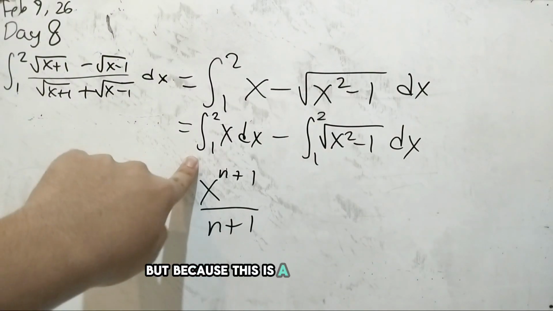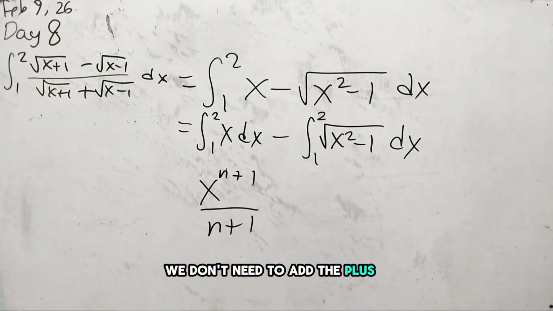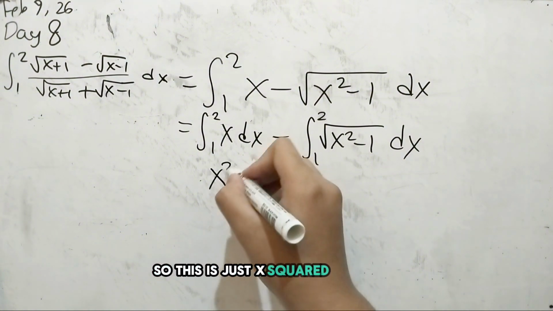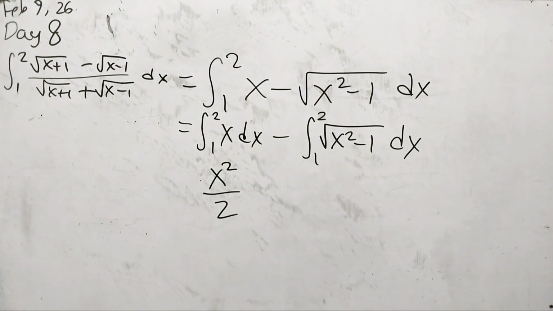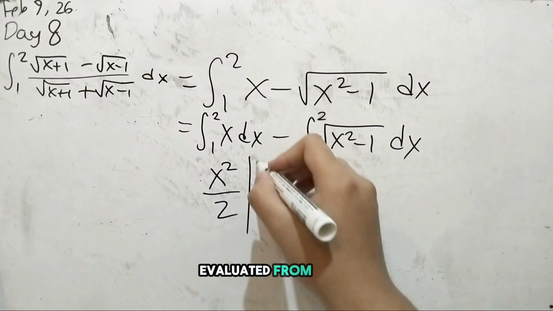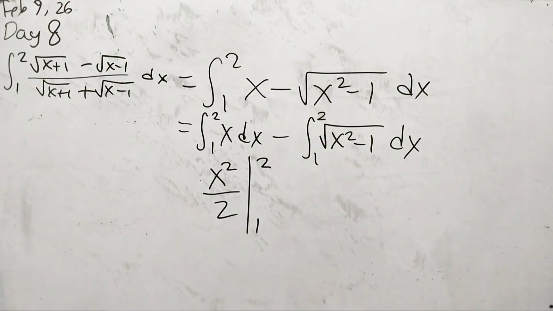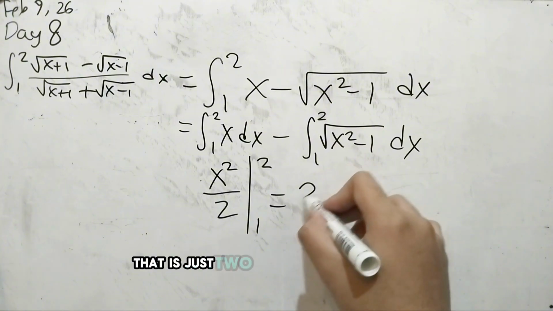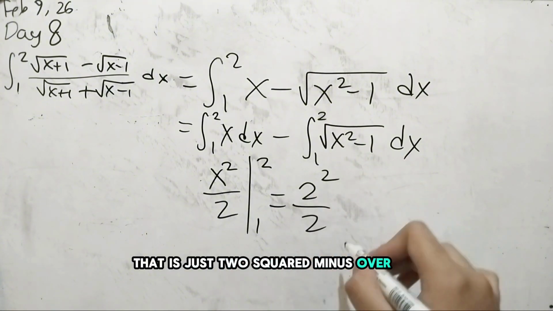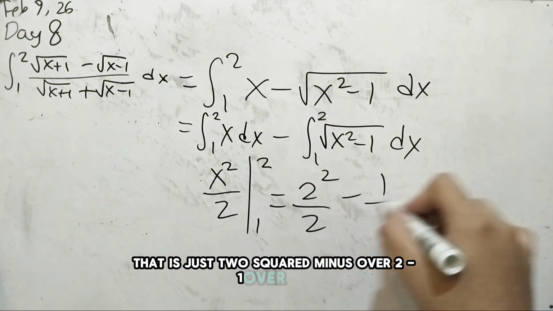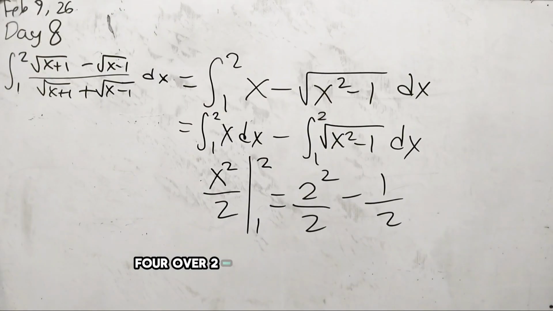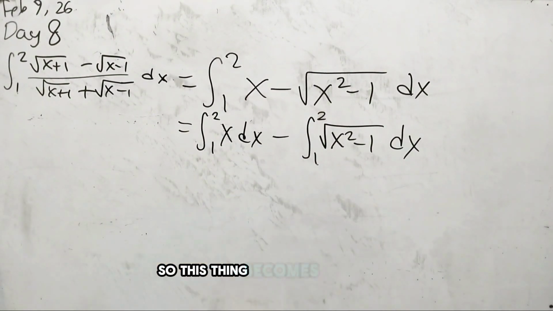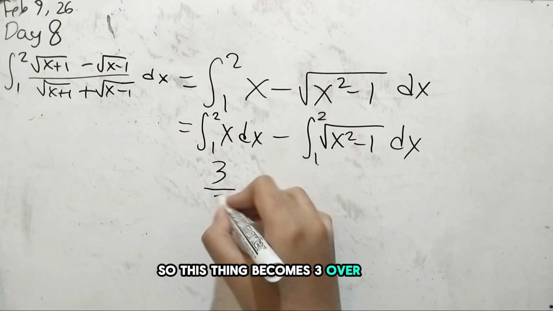But because this is a definite integral, we don't need to add the plus c. So this is just x squared over 2 evaluated from 1 to 2. What is that? That is just 2 squared over 2 minus 1 over 2. 4 over 2 minus 1 over 2, that's just 3 over 2. So this thing becomes 3 over 2.